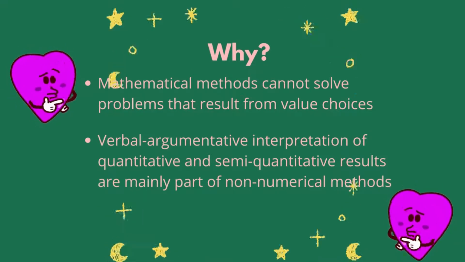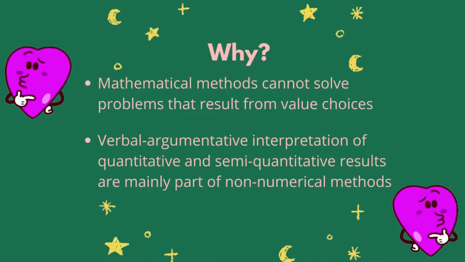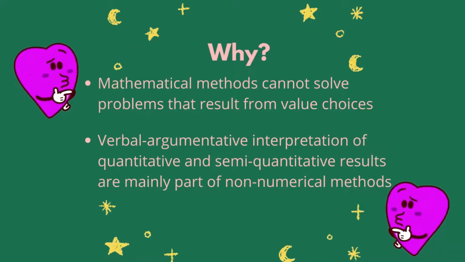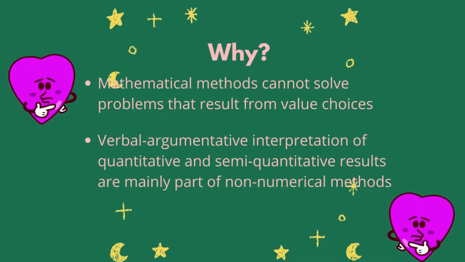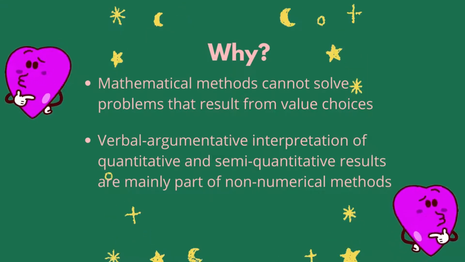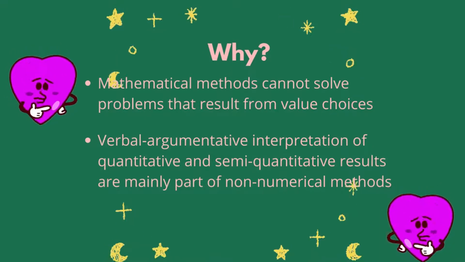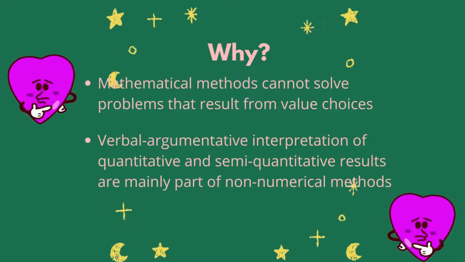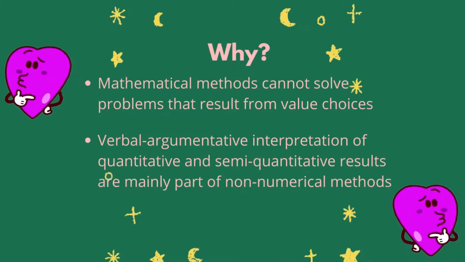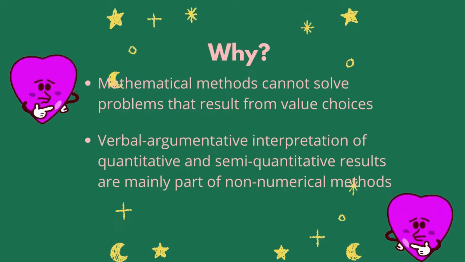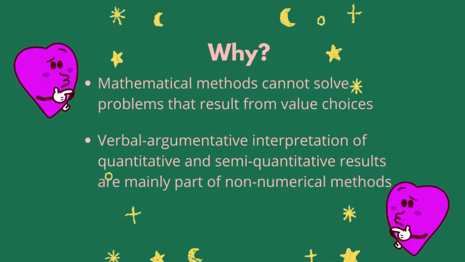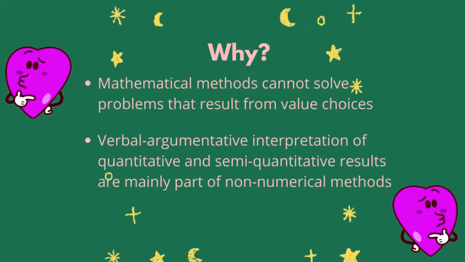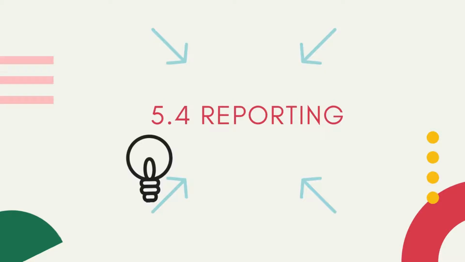This is because mathematical methods cannot solve problems that result from value choices, and non-numerical methods are also used because verbal argumentative interpretation of quantitative and semi-quantitative results are mainly part of it. It is often very difficult to provide numerical limits, therefore non-numerical methods are best suited.